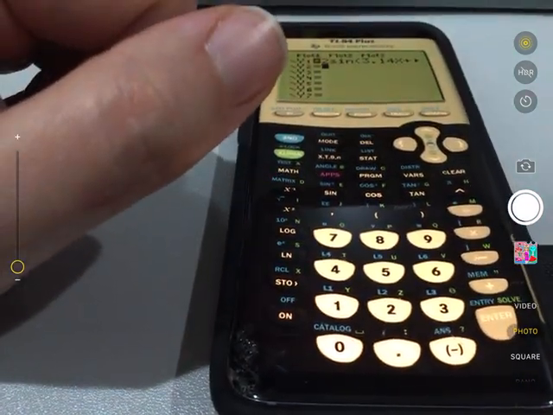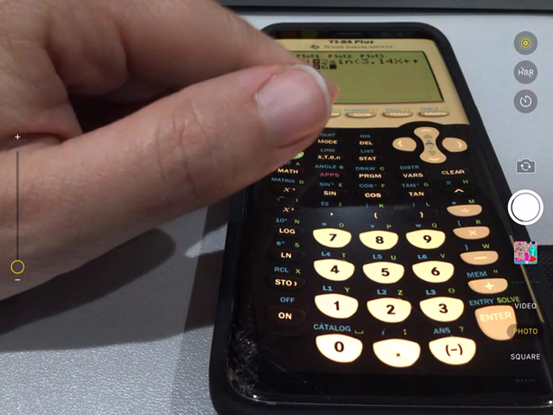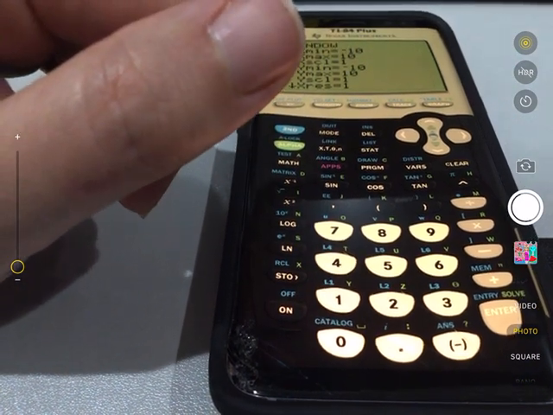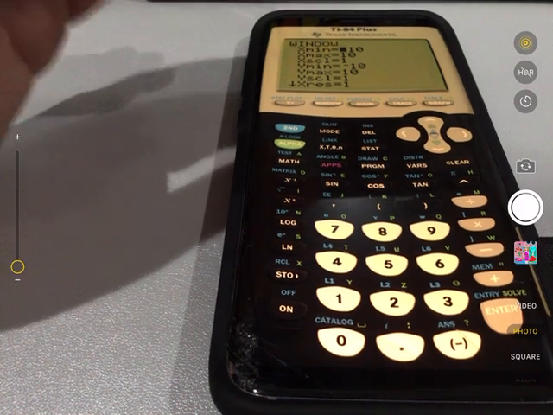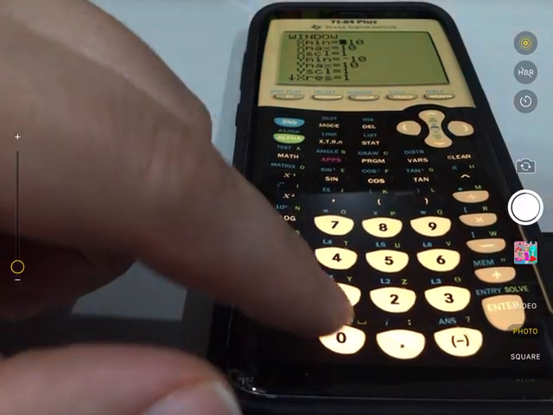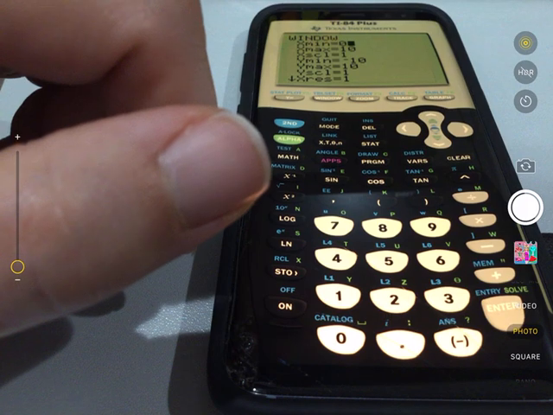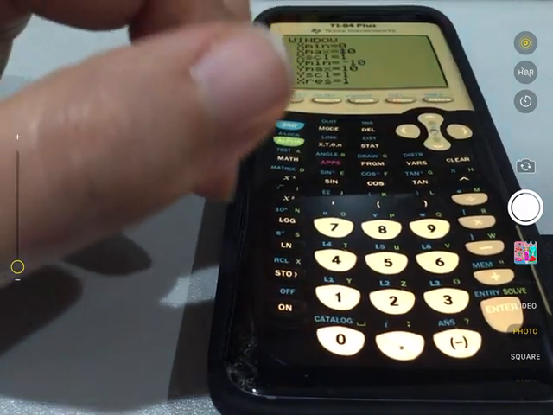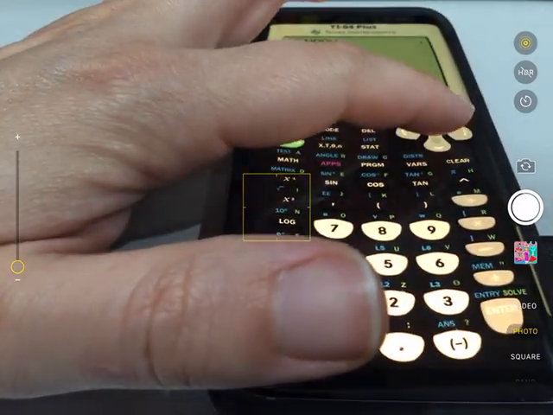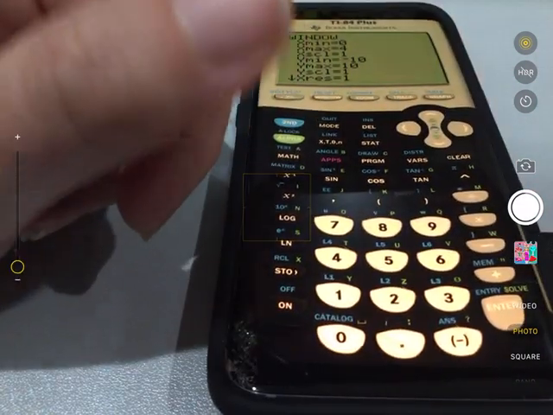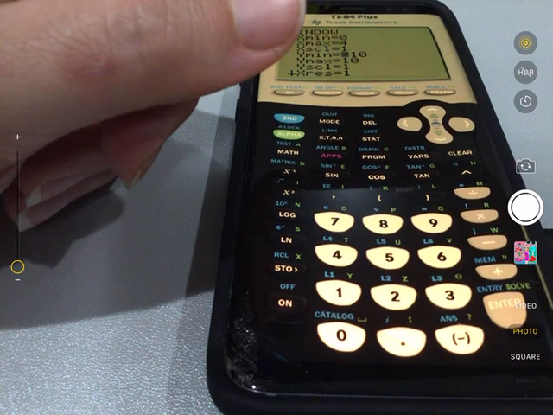And in our y2, we're going to have the number 6. We need to go to our window and make an appropriate window. We know that this graph repeats itself horizontally at 2 seconds, right? So we're going to start at 0, because 0 would be 0 seconds, and it repeats itself every 2. So I look at the period and I double it. The period was 2, so I'm going to make my x max be 4.